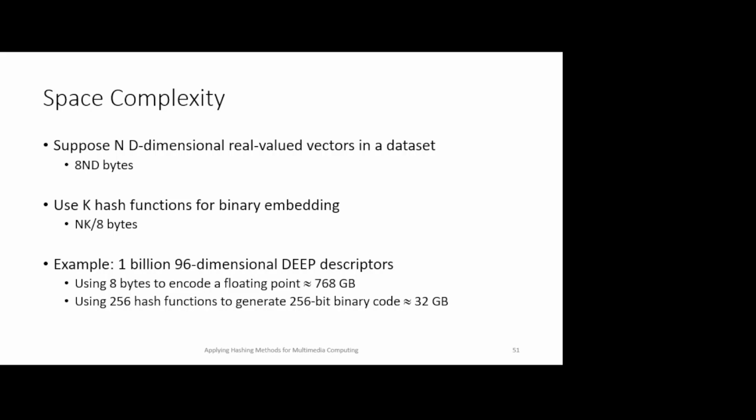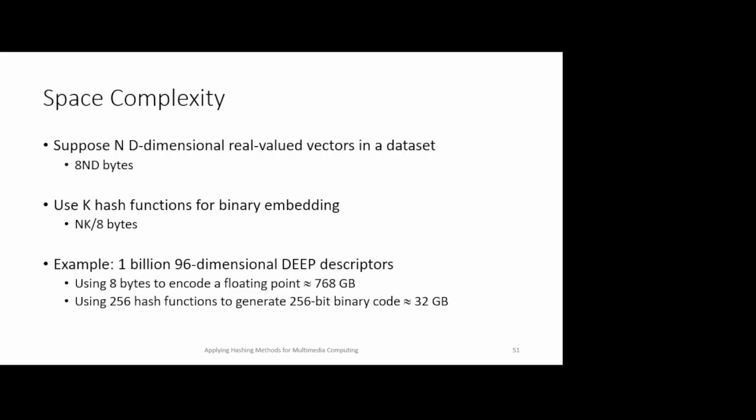It also has an advantage in space consumption; it's very compact. If the original data set is 1 billion descriptors, each a 96-dimensional real-valued vector, then to store all the data you need more than 700 gigabytes.